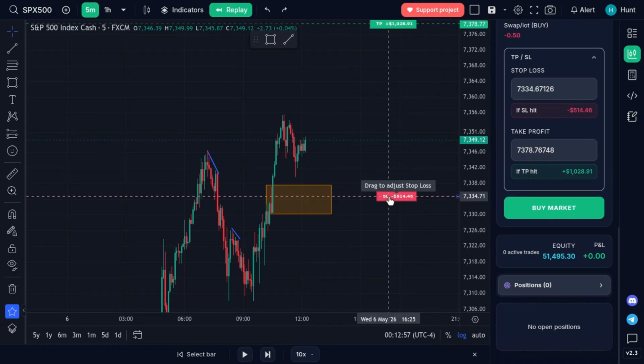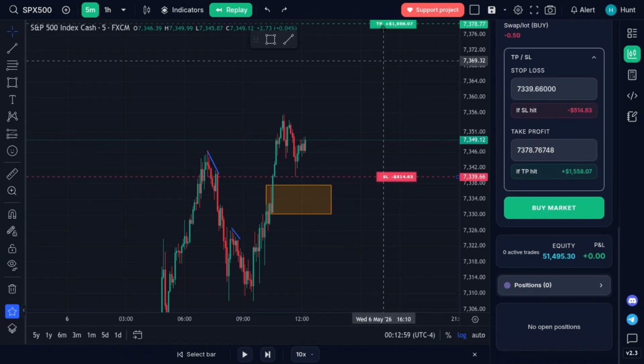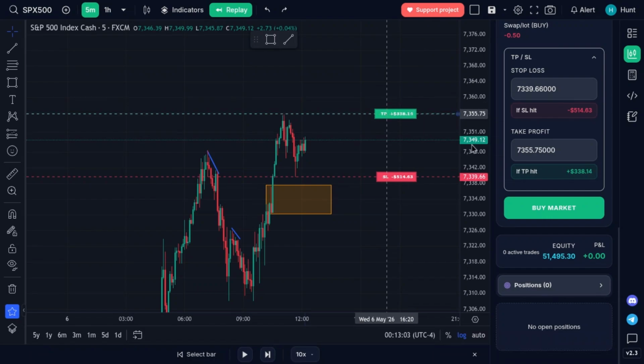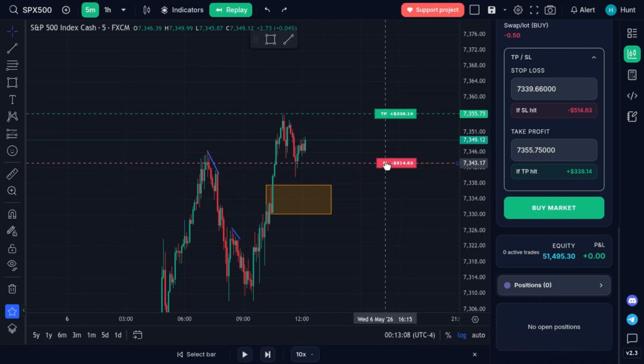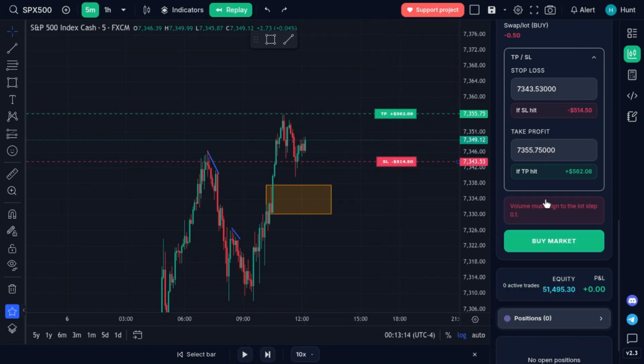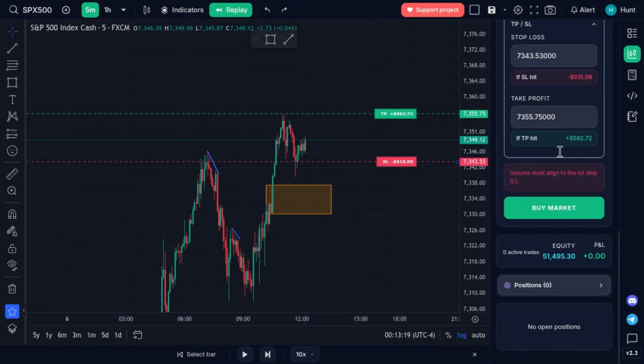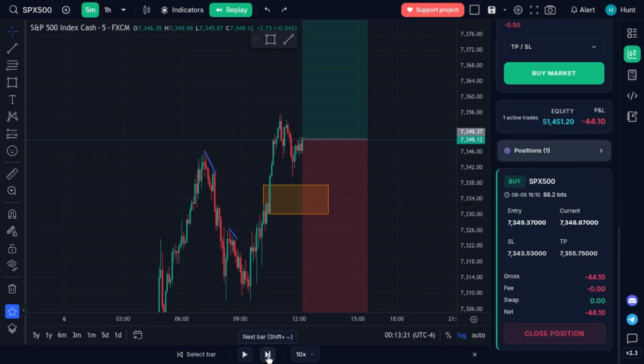I'm comfortable buying and targeting this high because we are bullish. I have to adjust the stop loss a little bit because it's about a 1-to-1. So not the best RR, however, I'm confident in the setup, so I'll go ahead and take it.